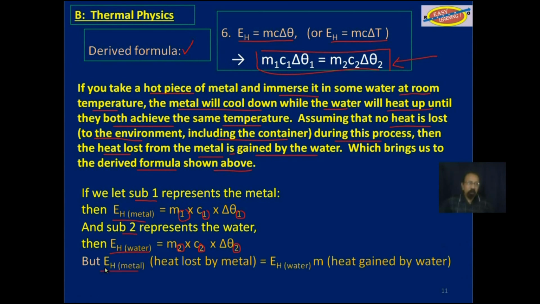But remember that the heat lost by the metal is equal to the heat gained by the water. Therefore, M1 C1 delta theta 1 is equal to M2 C2 delta theta 2. That's how we came up with this derived equation here. And we will now use that.